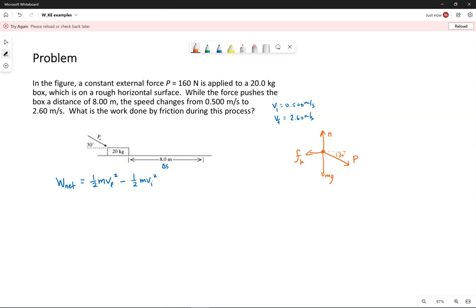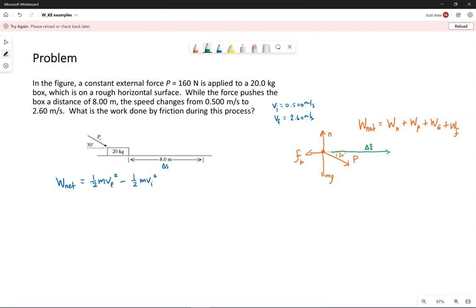When we say net work, we mean the work done by every single one of these forces while the object moves, while this box specifically. But we know this box is moving horizontally to the right.